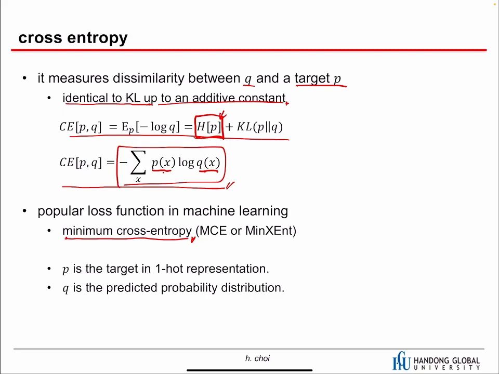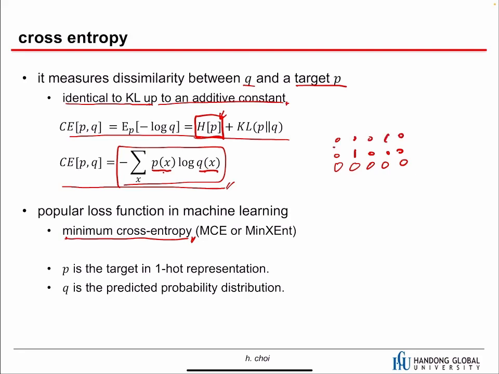And usually P is the target in one-hot representation. Think about classification. We have 5 classes, and if it is the second class, then the distribution is 0, 1, 0, 0, 0. If the target class is the fourth class, then it is 0, 0, 0, 1, 0.